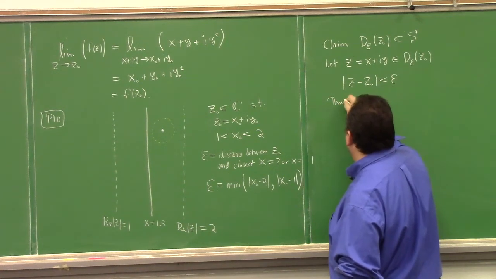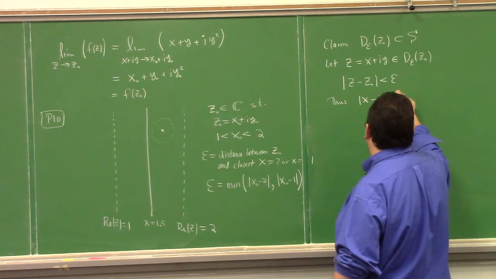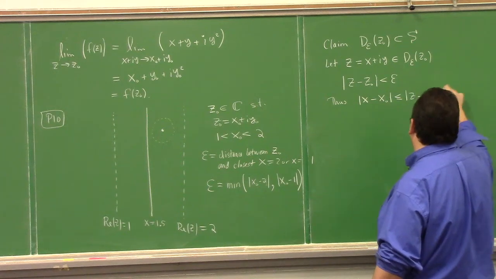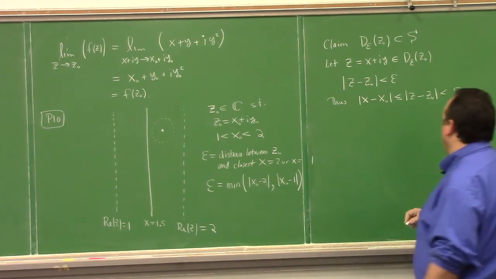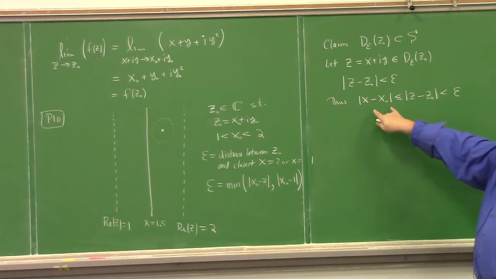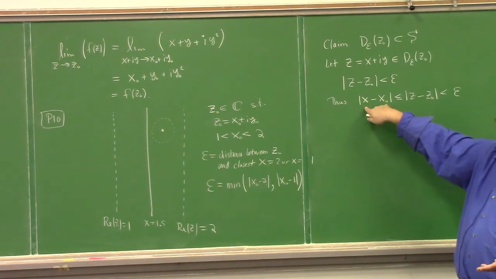Thus, the modulus of x minus x naught, which is less than or equal to the modulus of z minus z naught, is less than epsilon. Because the difference between the real parts has to be less than or equal to the difference between the whole complex number. This goes back to a basic principle: the length of a particular component of a complex number has to be smaller than or equal to the length of the whole complex number.